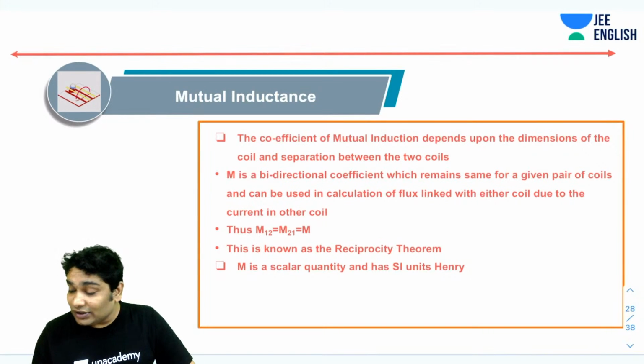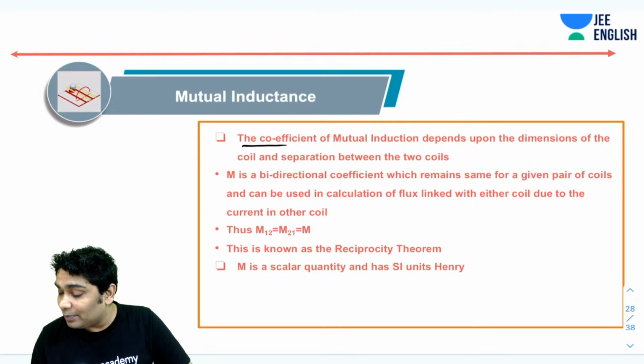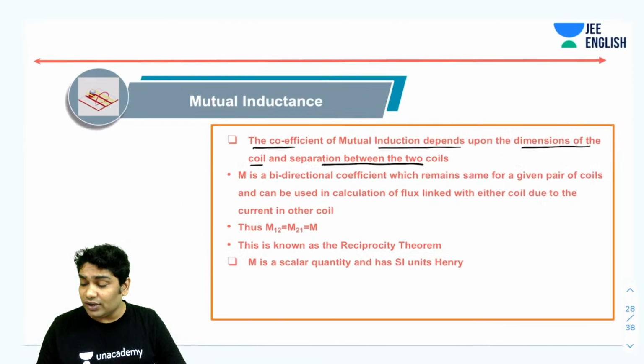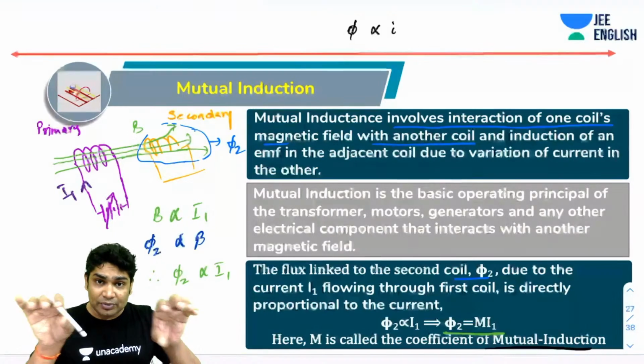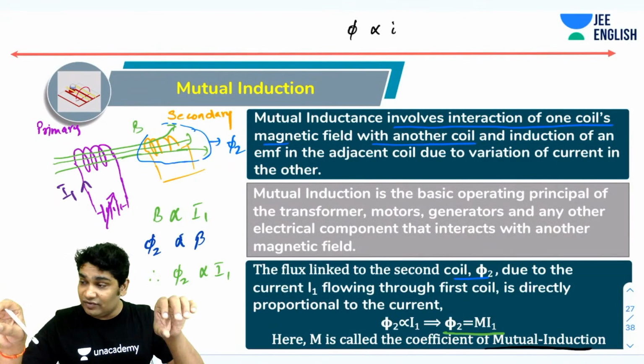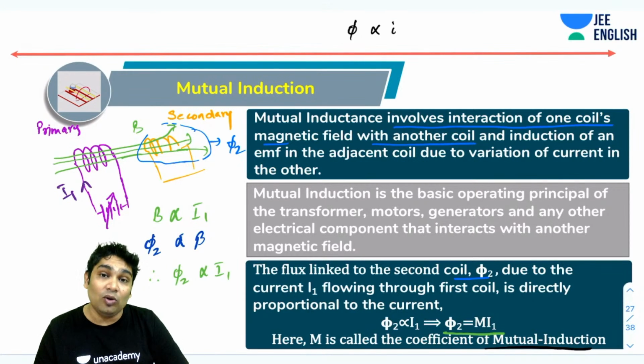Okay. Now, the coefficient of mutual induction depends on the dimensions of the coils and the separation between the two coils. It will depend on the dimensions and the separation and/or the relative positioning of the two coils. So you realize if I keep these coils very, very close, then the flux linkage would be higher. If I keep these very, very far, then the flux linkage would almost be zero.